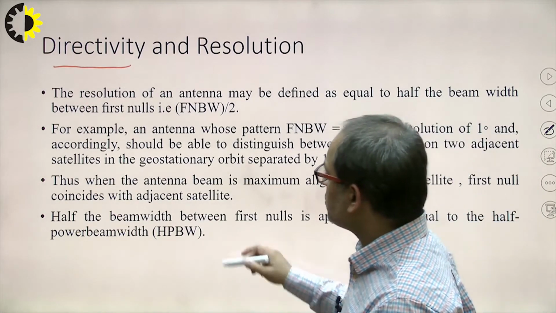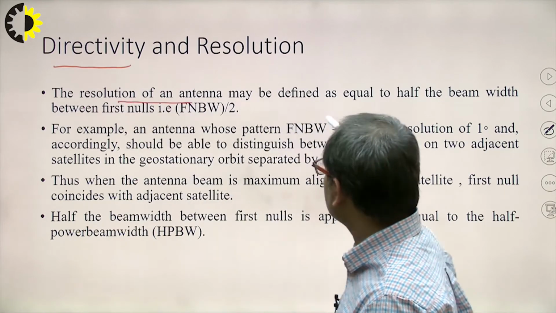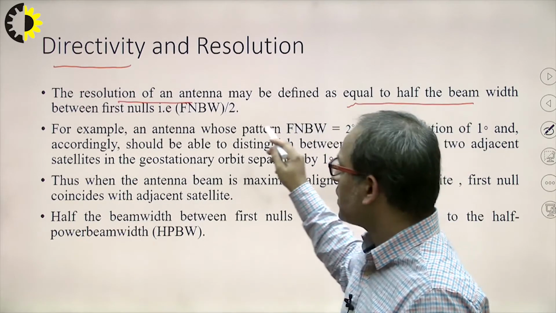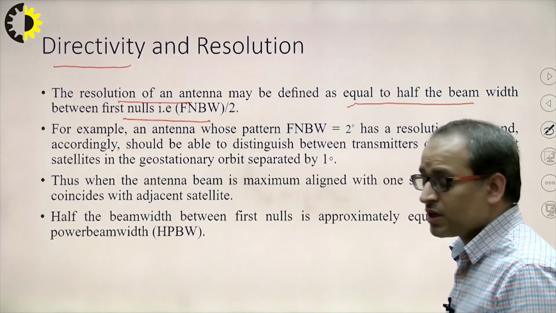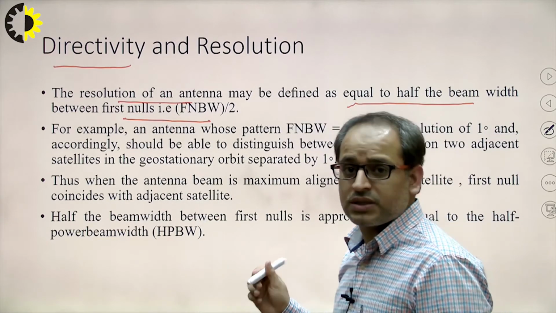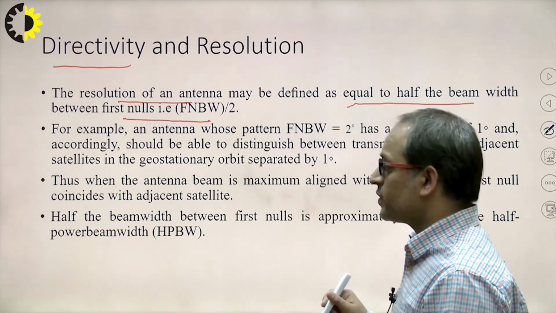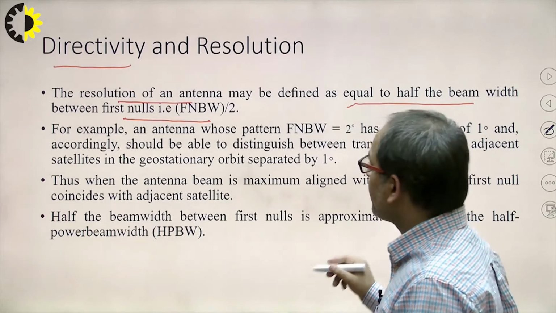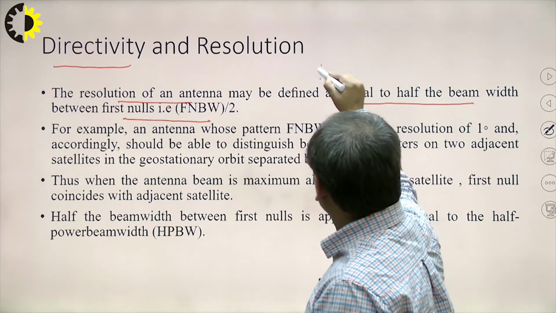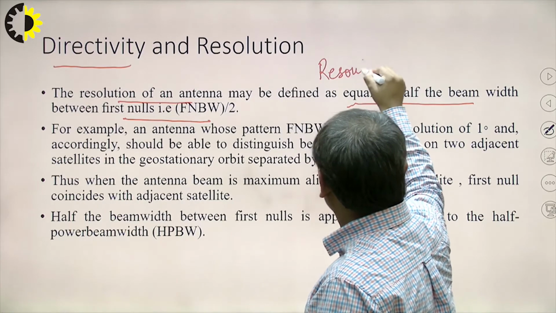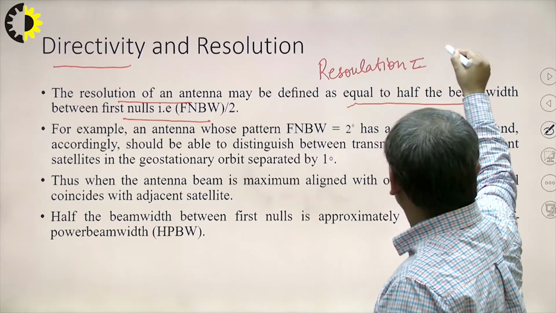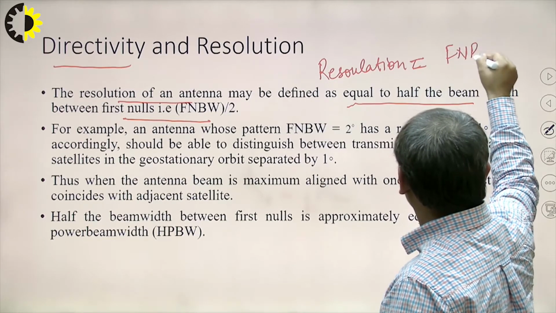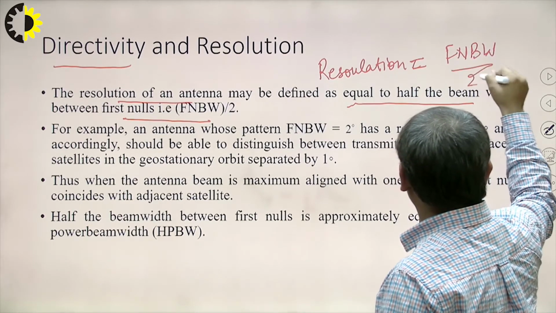The resolution of an antenna is defined as equal to half of the first null beam width. First null beam width I have already talked about in the second or third lecture of this unit. So resolution is half of the first null beam width.